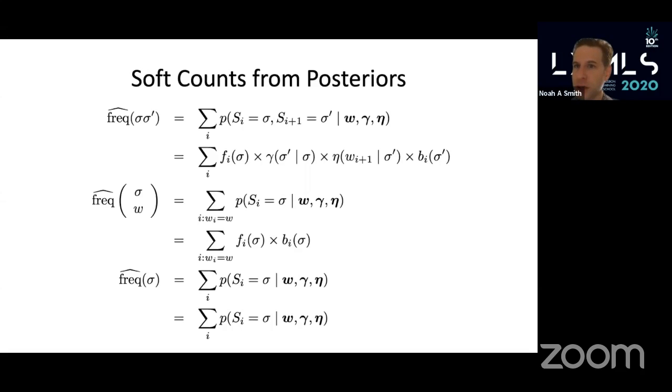But you should have this intuition that summing across all the positions in the data, the posterior quantities that we calculated earlier give you these soft frequencies. Notice each of these expressions has a sum over some or all of the positions in the data. So these soft frequencies are just like the frequencies we saw before, except that they're averaging under the probability distribution over all the possible ways that the state sequence could have proceeded given our data.